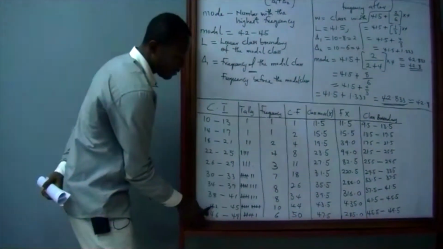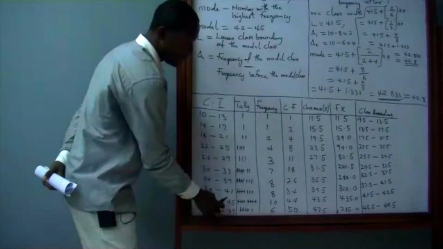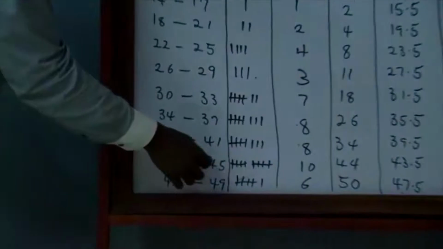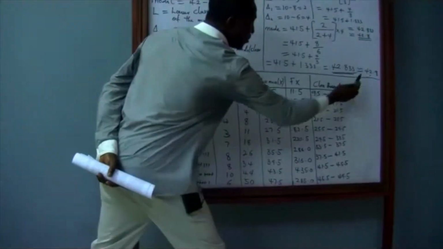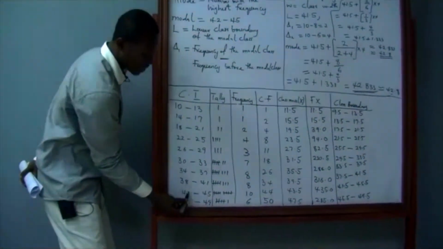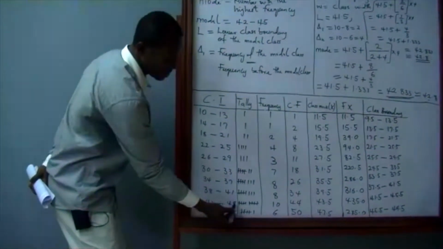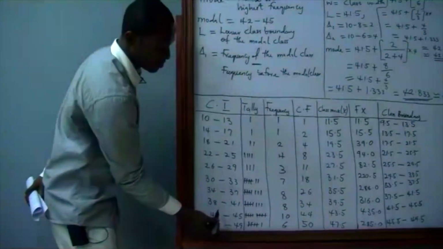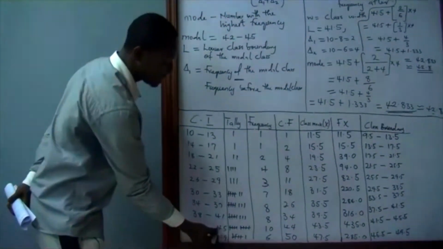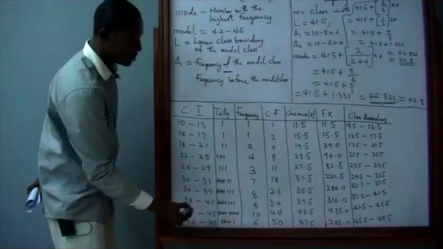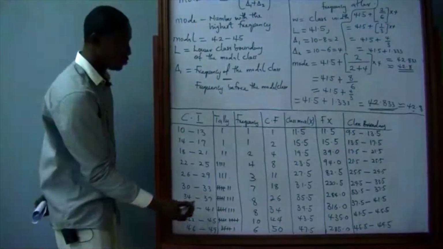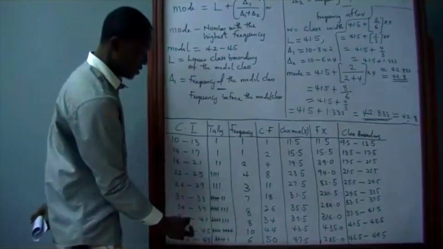Definitely our mode must lie inside this class. So 42.8 is inside this class, and that is the exact mode. 42.8 kilogram is the modal value, the one with the highest frequency that occurs most in the set of data we have.